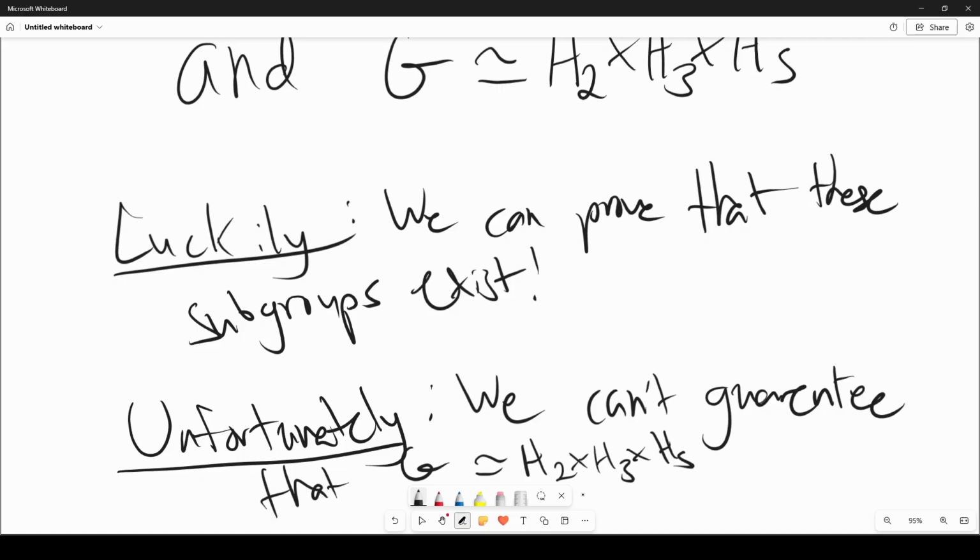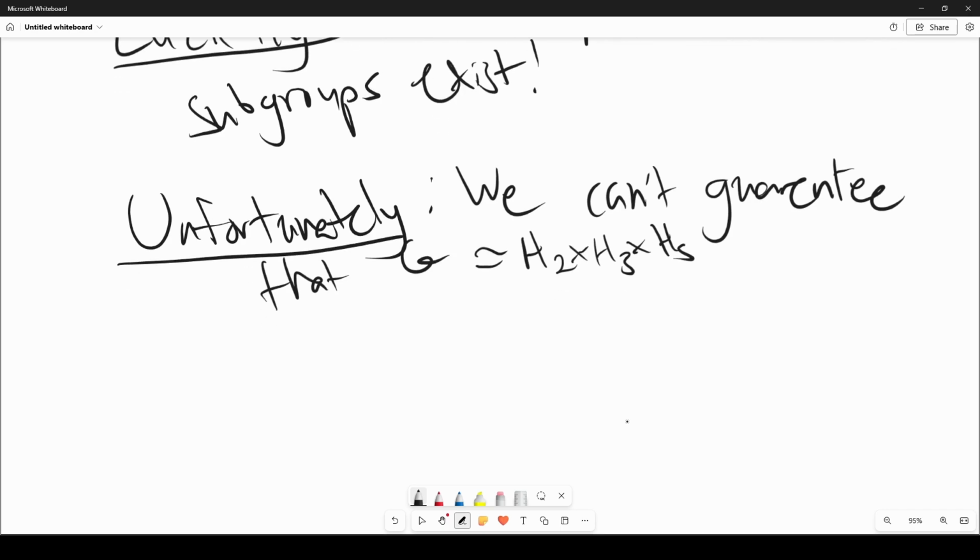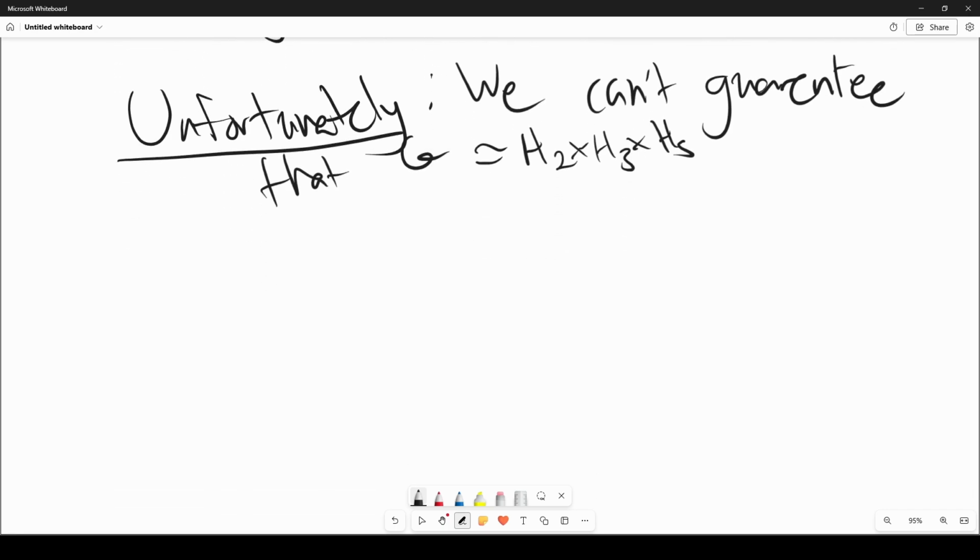I mean, it would be kind of crazy to then be able to claim that all of them can be written this way. So, no, this is not always true. But it is true that we can always find subgroups of these orders in a group of order 120. So let's try to generalize this a little bit to introduce some definitions, and then we're going to prove the first Sylow theorem, which is about the existence of these subgroups.